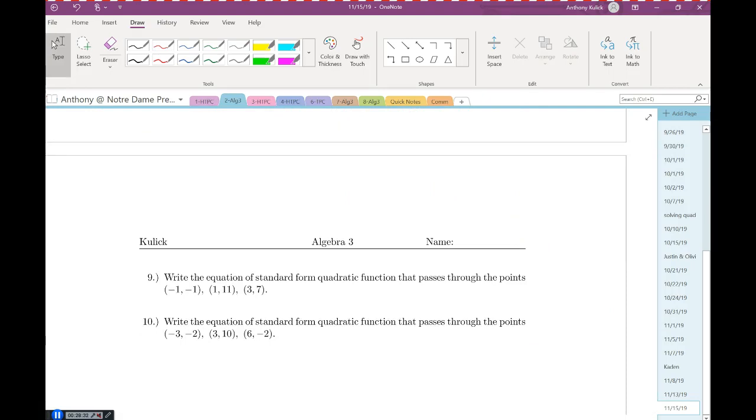We have 2 more on the back. For 9, our answer would be this. And for 10, our answer would be that.